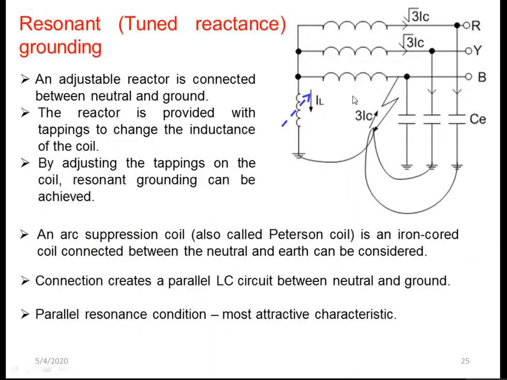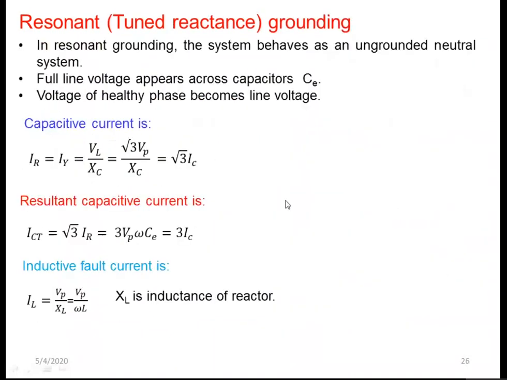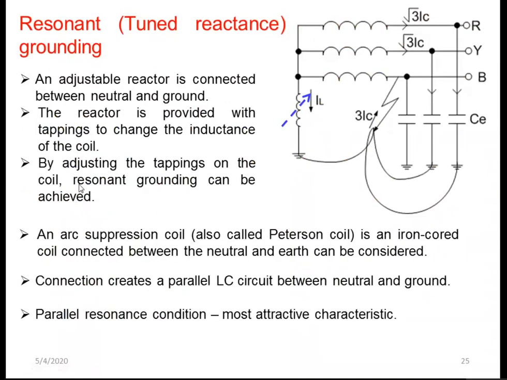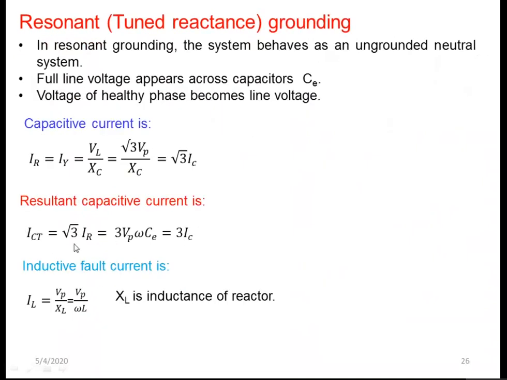If we have to write the current for this circuit, we can have it in this way. We can write the capacitive current for phase R and for phase Y as root 3 times IC. This is the same as we had in the earlier methods. Then the resultant capacitive current that should flow will be root 3 times IR, and this is 3 times the IC here.